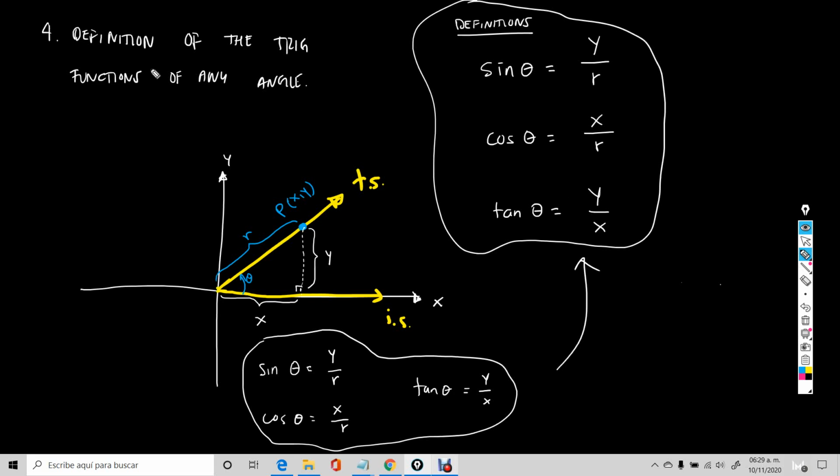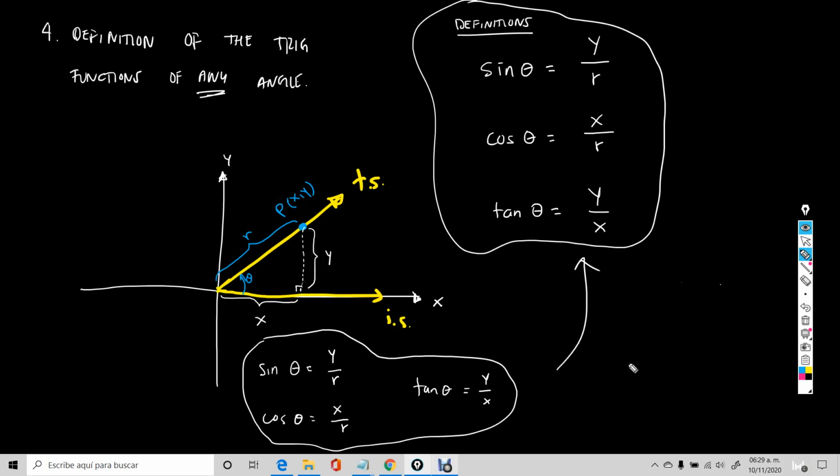So basically, this new definition of the trigonometric functions of any angle, in the way we have arranged the definition, contains completely the previous definition that we have written for the trigonometric functions of an acute angle of a right triangle.